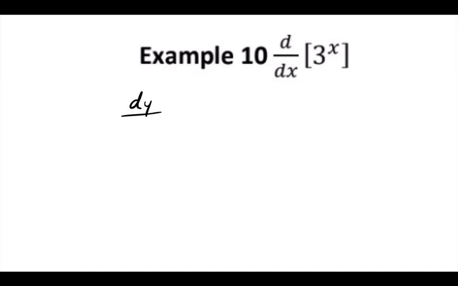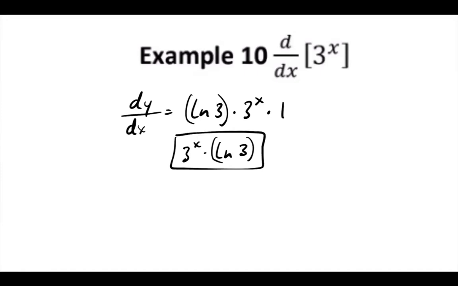So dy dx equals natural log of the base, so natural log of 3, which is about 1 point something, times repeat itself times the derivative of the exponent. So 3 to the x times the natural log of 3.